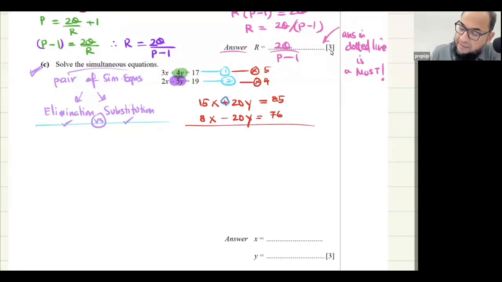When we add it up, this positive, this negative, will cancel out. And this becomes 15 plus 8, that is 23x. And 85 plus 76, that is 161.